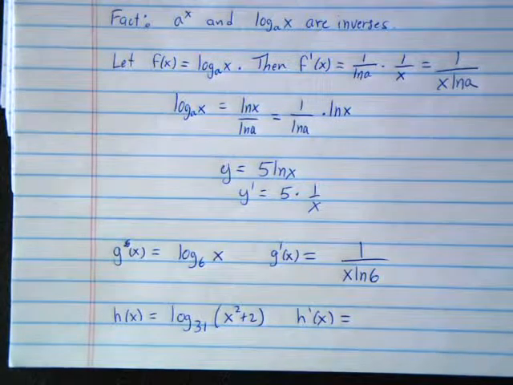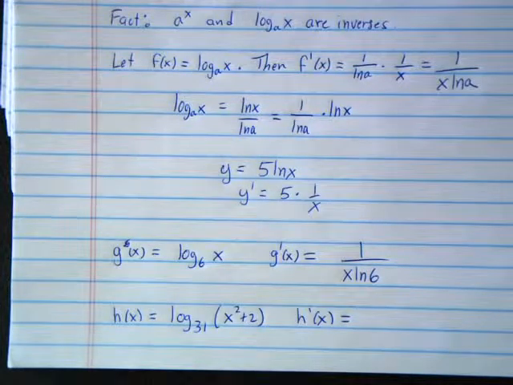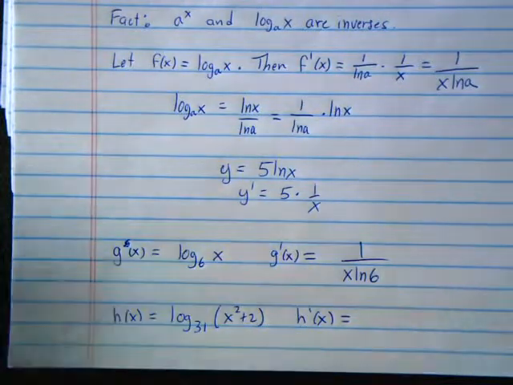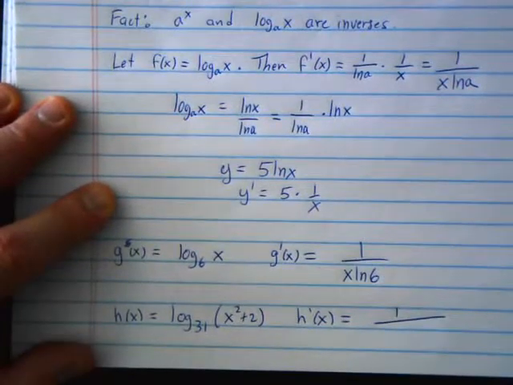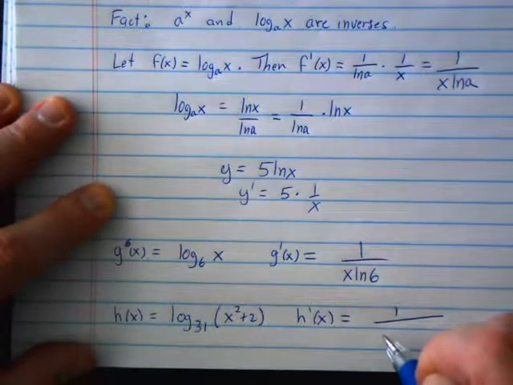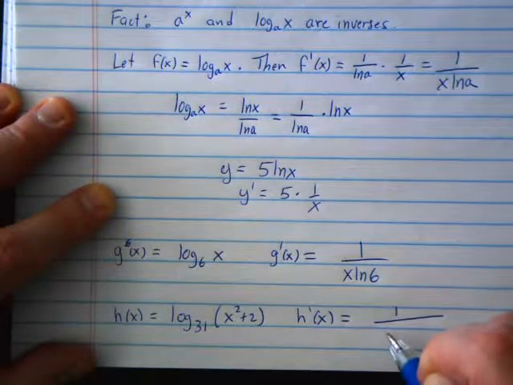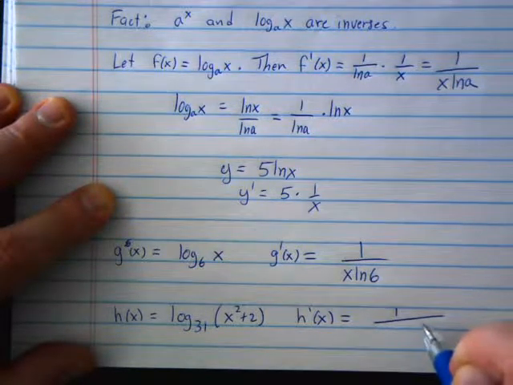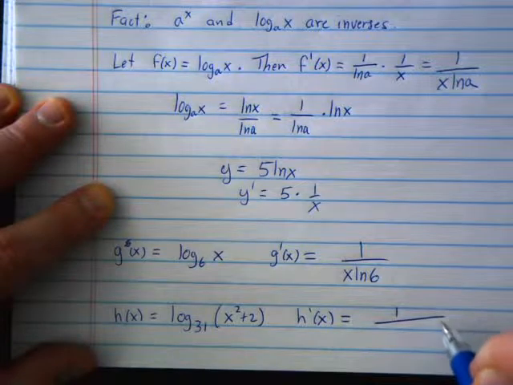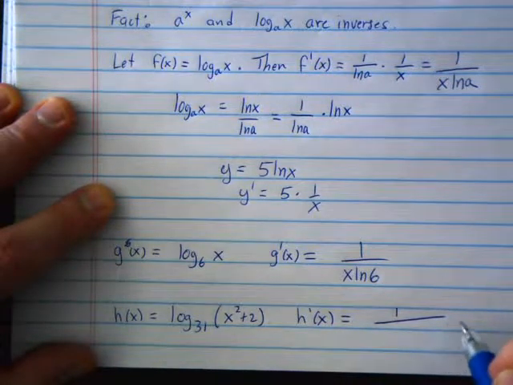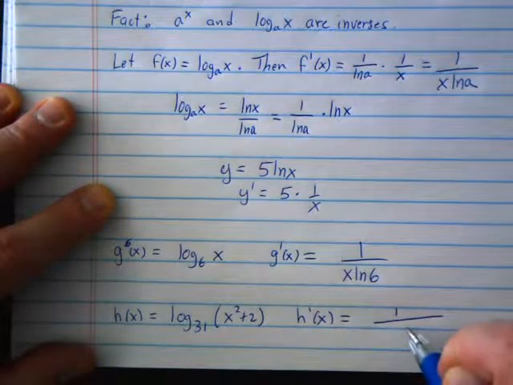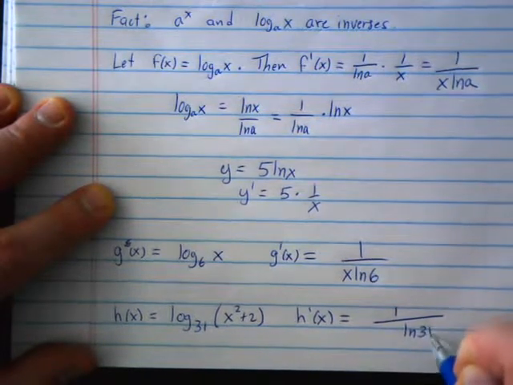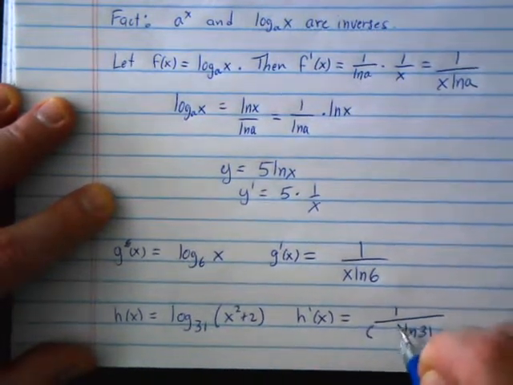What's h prime of x? Times, wouldn't it be, because you have to take the derivative of that inside, times the inside, and then ln of 31. Do you know what I'm saying? I know what you're saying. You got the wrong thing on bottom.